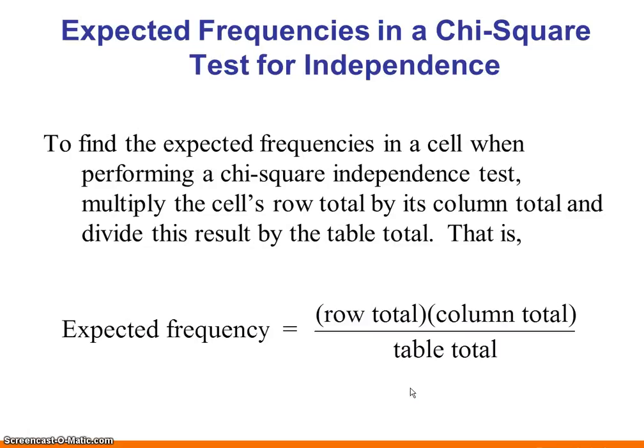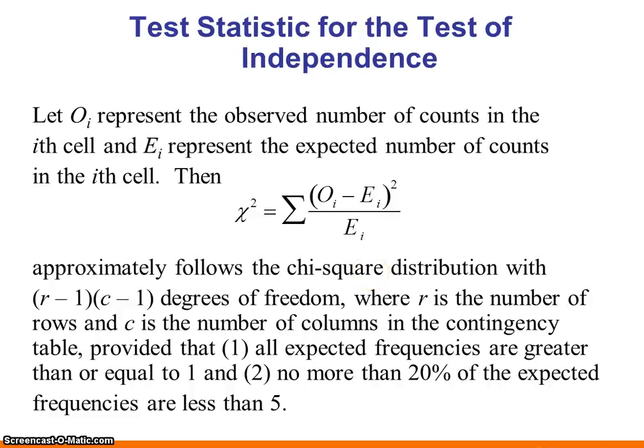The expected frequency then will be the row total times the column total divided by the table total. This is a shortcut for computing the values we just obtained. Then O_i will represent the observed number of counts, similar to what we saw in section 12.1, and so we will use the same test statistic.